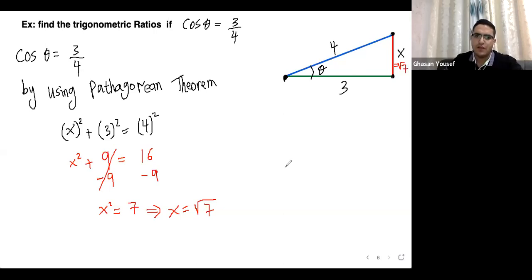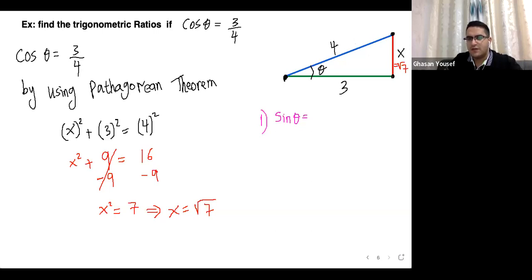Now I can find the sine, the cosine, the tan, the cosecant, all the functions, all the ratios. So first of all, what is the sine of theta? The formula for sine is the opposite over the hypotenuse.